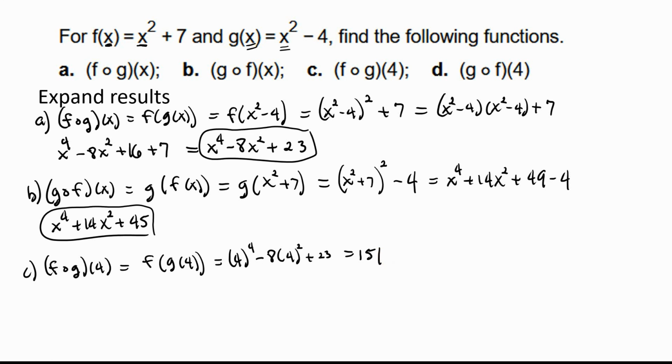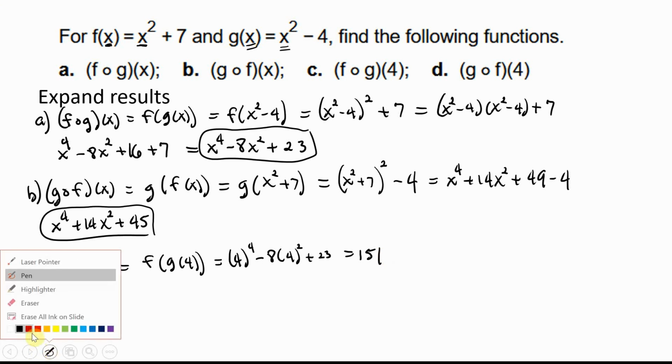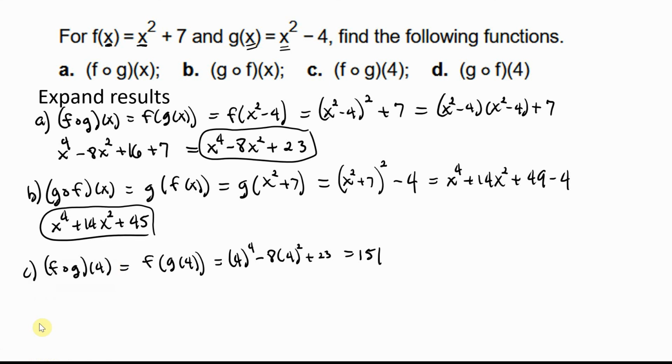If you wanted to, you could have done this. Since this is g of 4, I can go ahead and calculate g of 4. So g of 4 is 4 squared minus 4. So this is 16 minus 4.